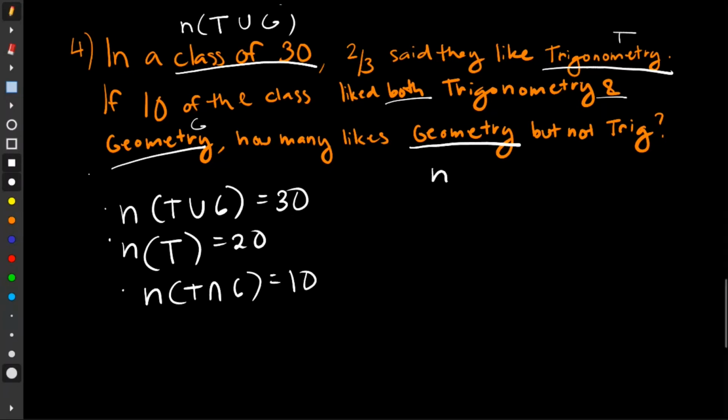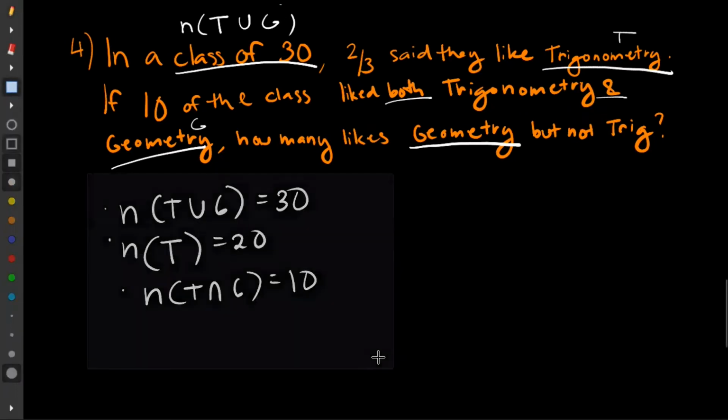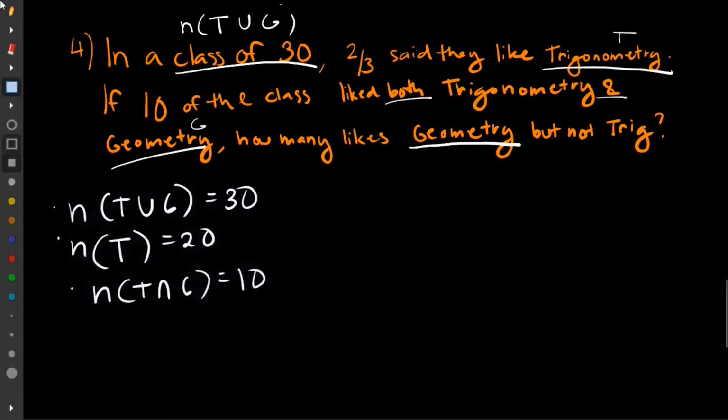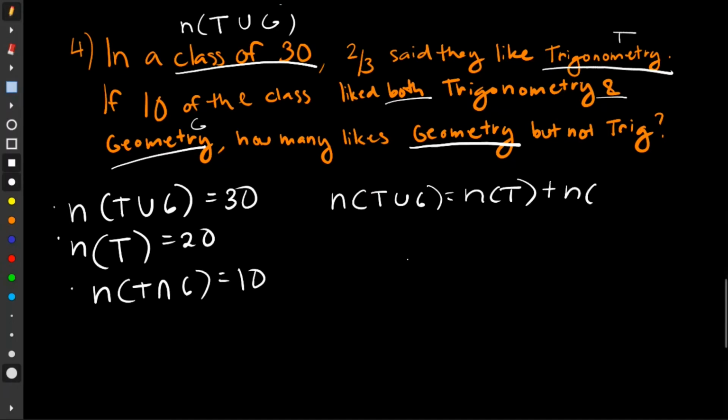So we are asked to find the number of students who only like geometry but not trigonometry, or simply the cardinality of G. So rearranging the formula we have, but let's first move this out here to give us some space. With the formula we have, we know that their union is equal to the cardinality of T plus the cardinality of G minus the cardinality of their intersection.